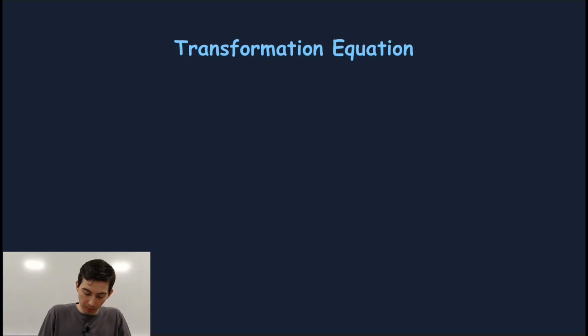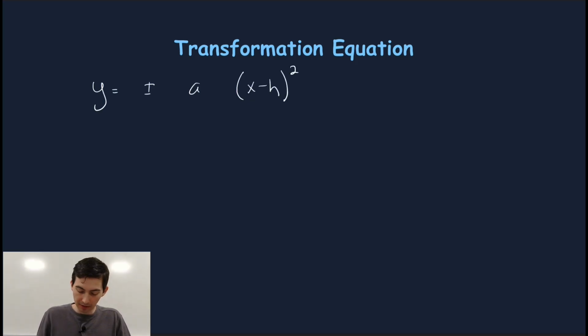So let's remember the transformation equation is y equals plus or minus a, and then in parentheses we're going to have x minus h, and that's going to be squared, and then plus k. And now all of these values tell us something different about the function.